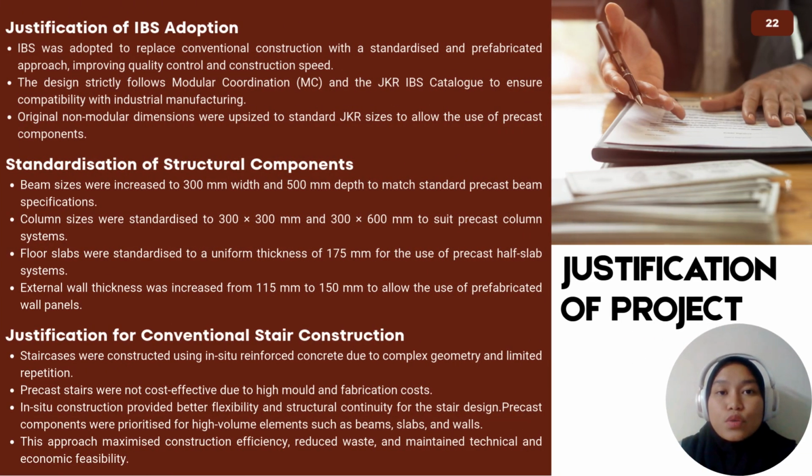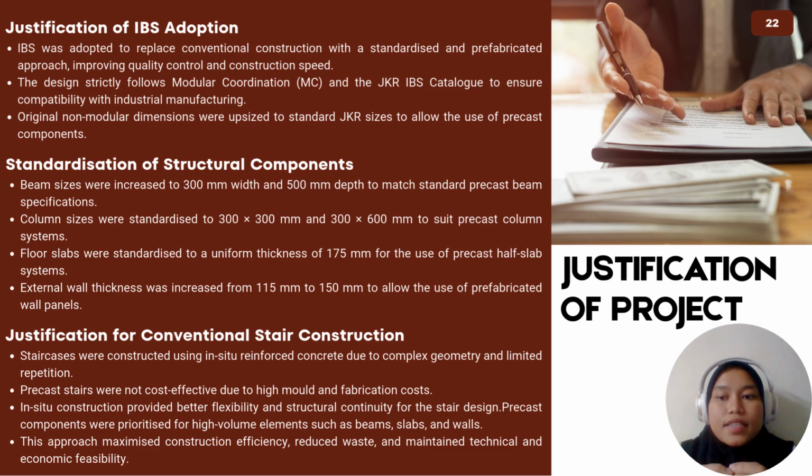So we go to the slide on justification of IBS adoption. As you can see, this shows why IBS is used in this project. IBS is adopted to replace conventional construction with a standard system, so as to improve quality control and construction speed.